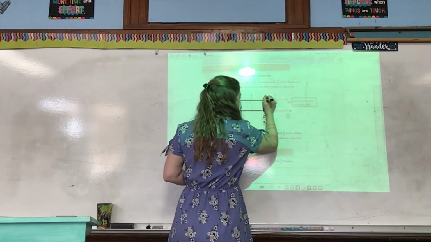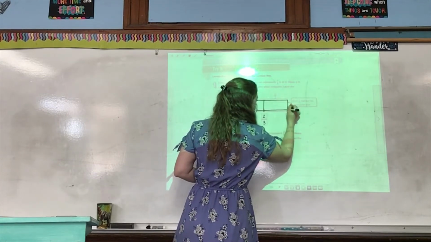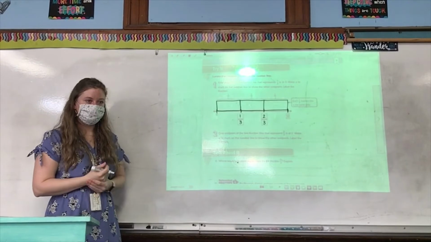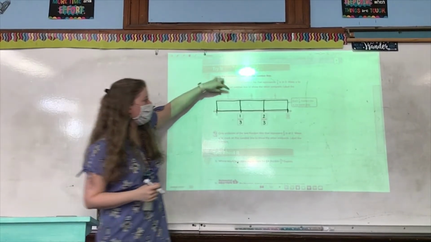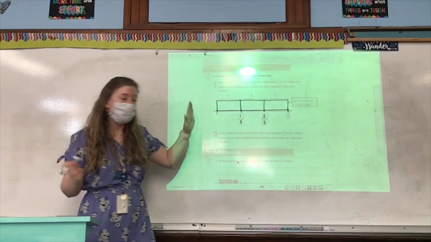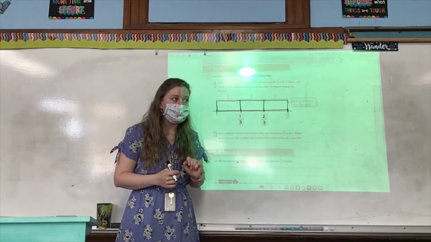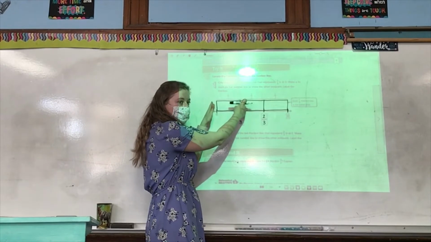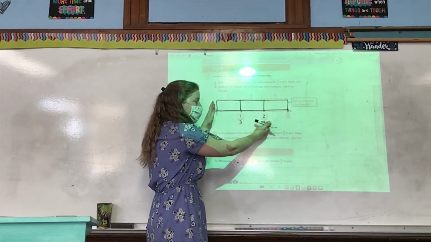Now, let's add a third fraction tile. And let's put a tick mark at the end of that fraction tile. I know each of these tiles represents 1/3, which means my whole fraction bar is broken into 1, 2, 3 pieces. When I had 1, it ended at 1/3. When I added a second, it ended at 2/3.